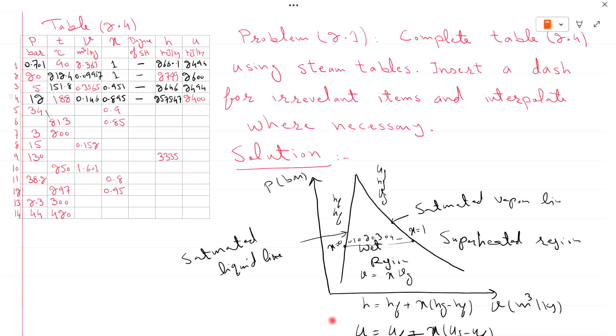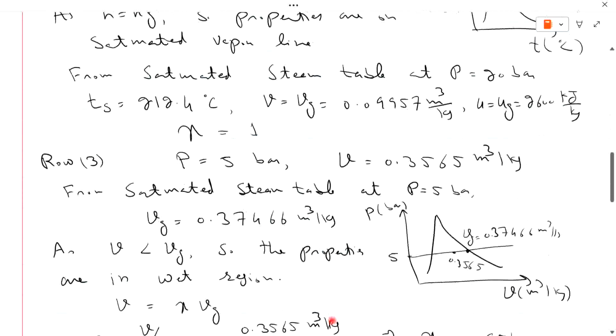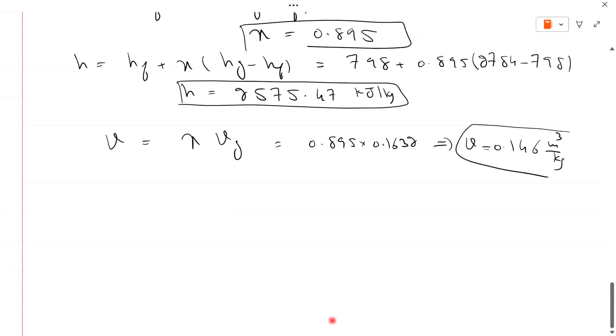Now at row number 5, the value of pressure is given as 34 bar and dryness fraction is given as 0.9.